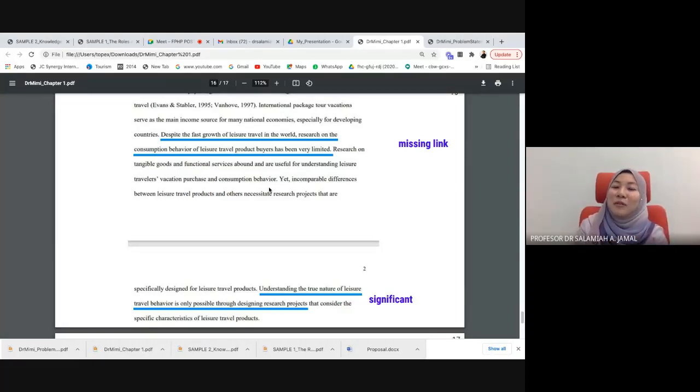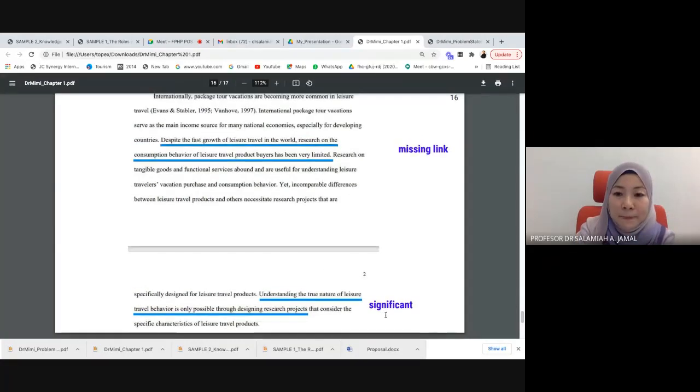So before you come up with a statement that this particular element or section or variable is limited or underexplored or lacking, you must make sure that you already know, you have cited, what has been massively researched by previous researchers in this particular area.